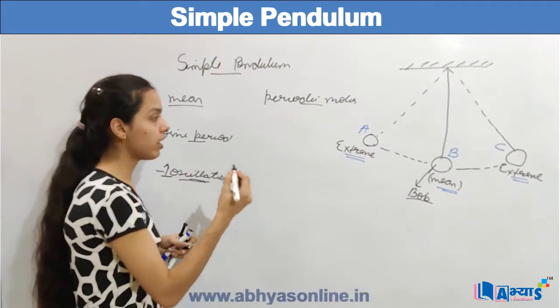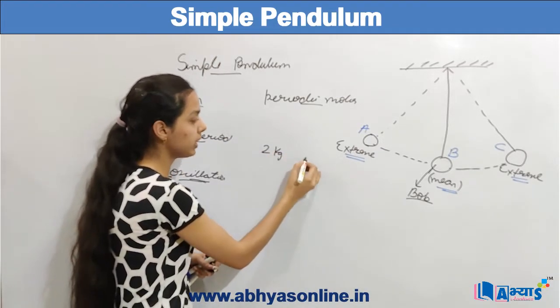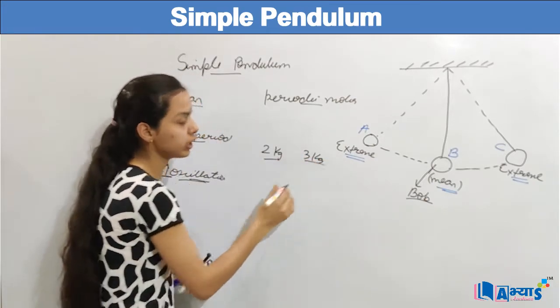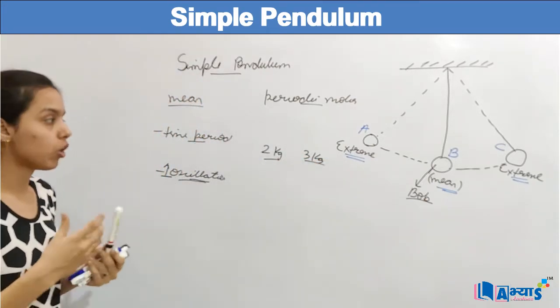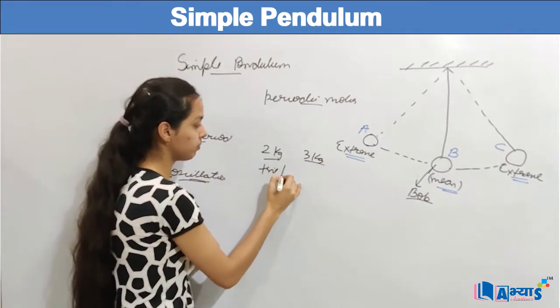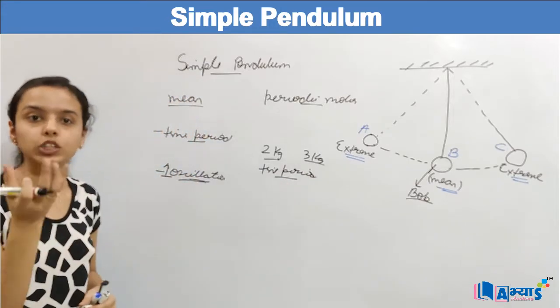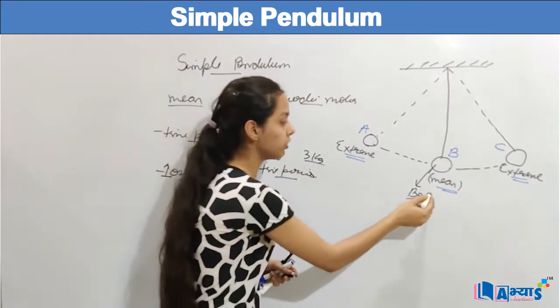Now if you increase the mass of this bob, if I have a 2 kg mass or a 3 kg mass, in both these cases the time period will be the same, because the time period does not depend upon the mass of the object or the mass of this bob.